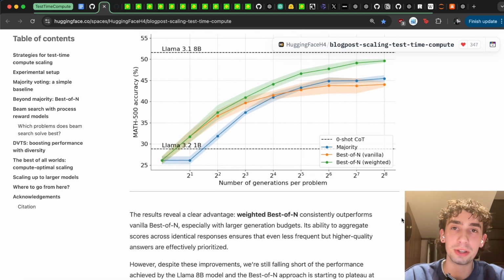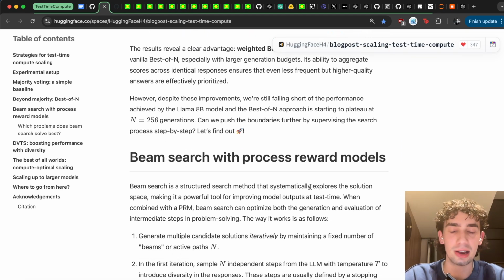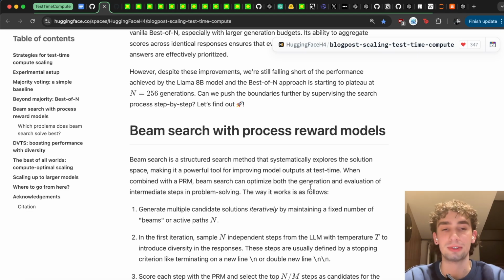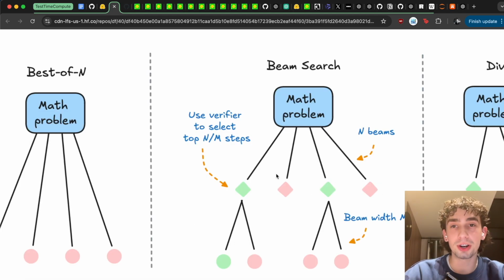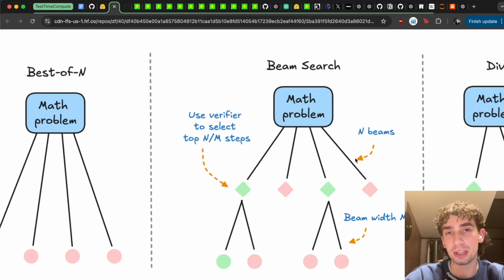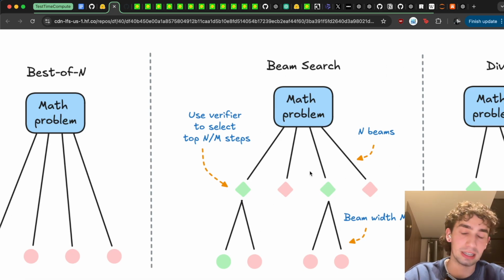So we can take this one step further by actually breaking it down into the individual steps used to solve the actual question at hand. We're still going to start by generating n number of candidates step by step for the math problem that we're solving. But then we're going to look at the first step of the full steps and answers that the first generation actually implemented.